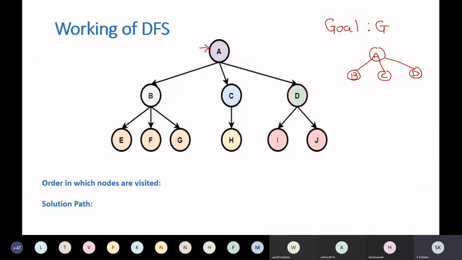Suppose we follow the strategy that we always check the leftmost node first. So you check whether B is a goal node. Is it a goal? No. So what will be the next step now? Explore B.